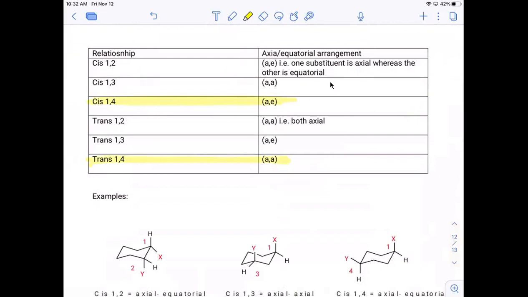All right, so we're going to zoom in on one of those. We're going to look at the trans 1,4, where both substituents are axial in one conformation. Actually, let's do the cis, because we could talk about the ratio in more detail if we do the cis 1,4.